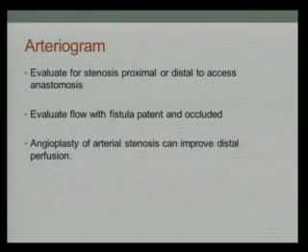So when you're doing an arteriogram, you want to evaluate for a stenosis proximal or distal to the anastomosis. You can evaluate flow with the fistula patent and occluded. And then, if possible, you can do an arterial angioplasty to relieve the stenosis and restore flow.